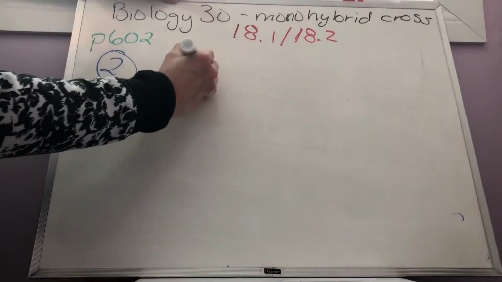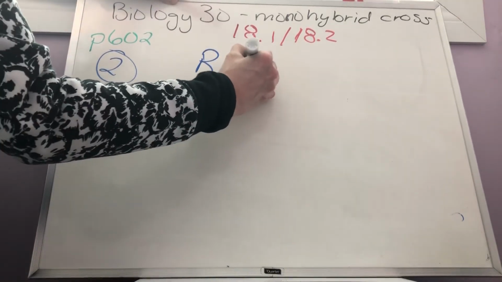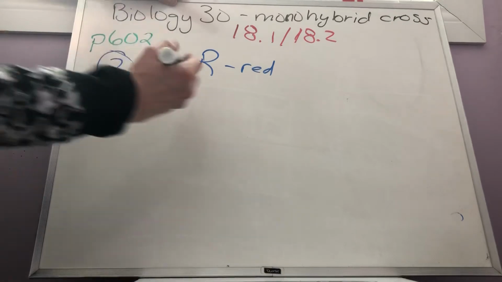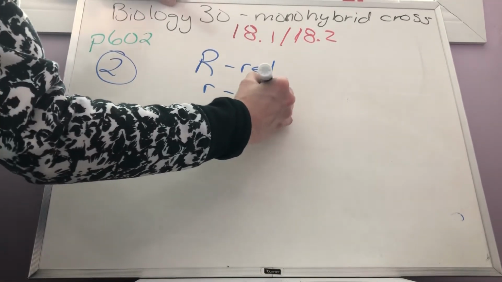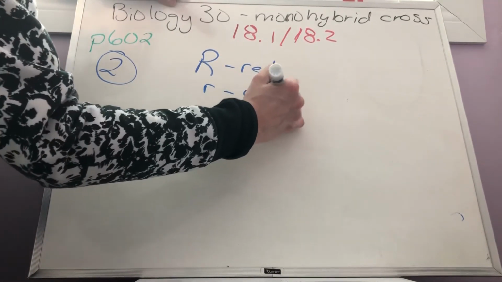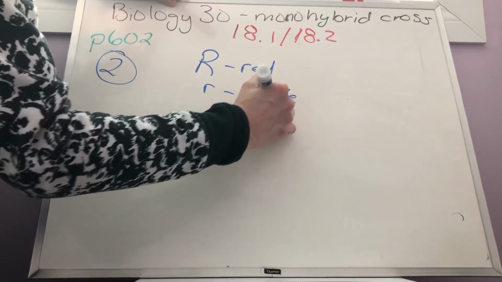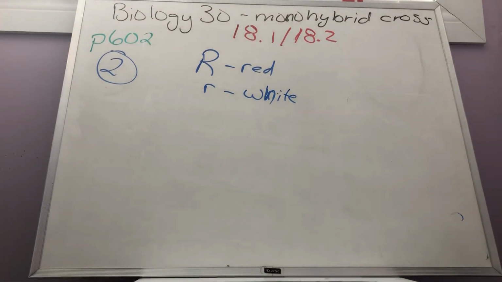So remember, when it's capital, that's your dominant. They don't even have to state it, but that's what it is. The lowercase will be your recessive, when it's white. So in this case, lowercase r is white, uppercase R, dominant R, is red.